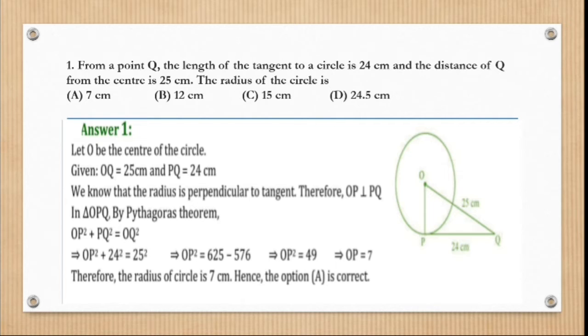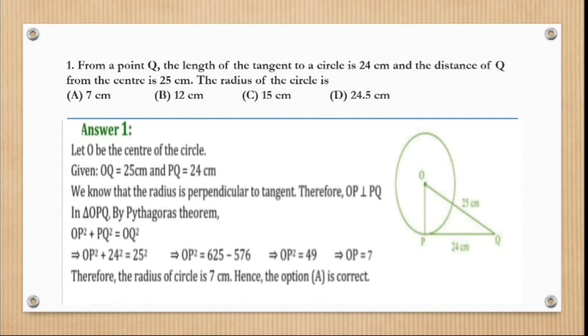Question number 1 is: from a point Q, the length of tangent to a circle is 24 centimeter and the distance of Q from the center is 25 centimeter. The radius of the circle is, 4 options are given, you have to choose the correct answer.